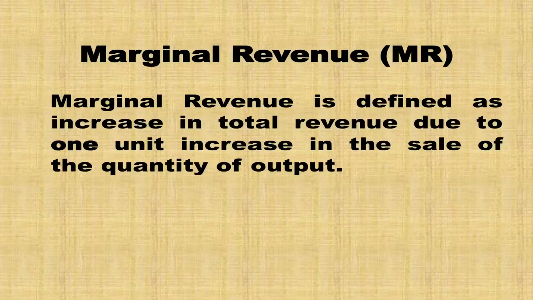Marginal revenue is defined as the increase in total revenue due to 1 unit increase in the sale of the quantity of output. In the above example, the vendor that we have shown increases the sale to 21 kg.